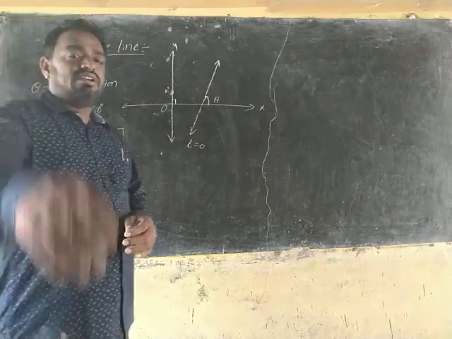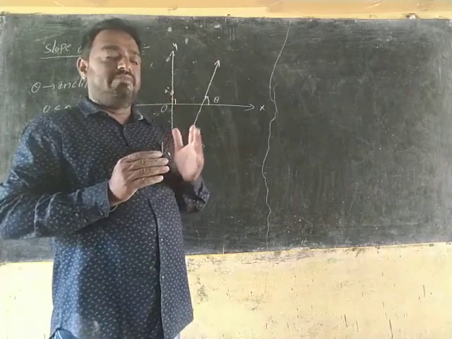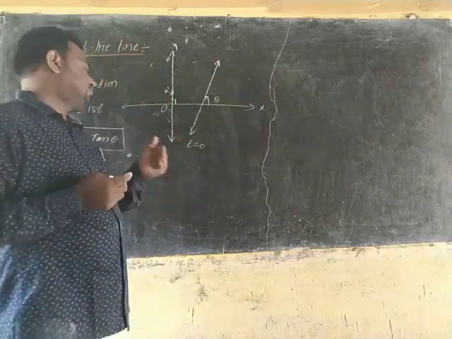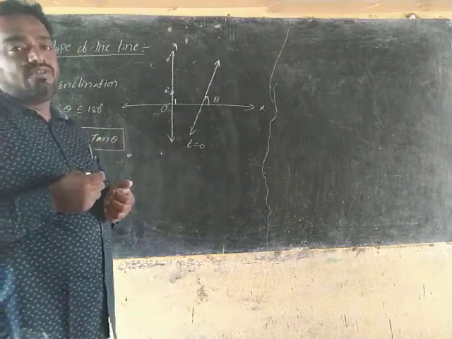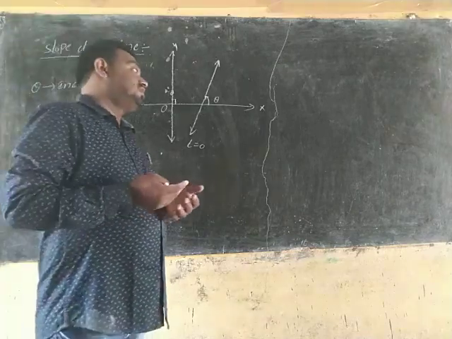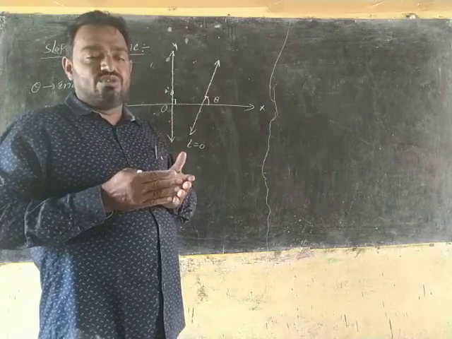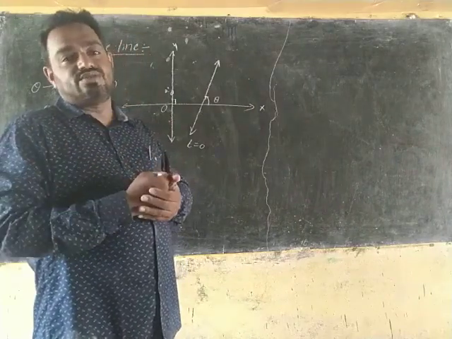That means if we know the angle between the x-axis and the line, we find the slope by using the formula m equals tan theta. If they give that the line is passing through some points, how do we find the slope of the line?